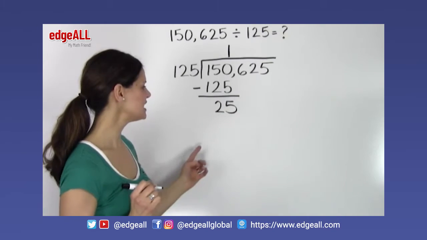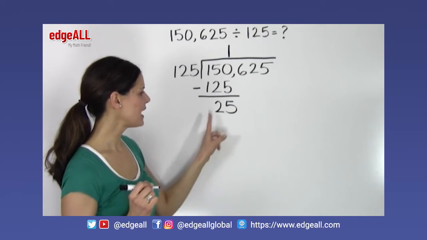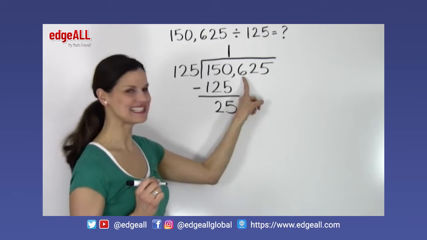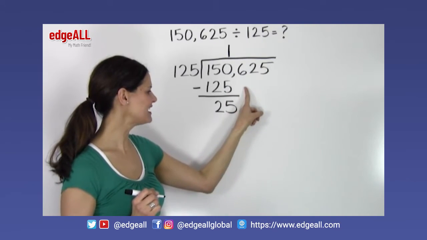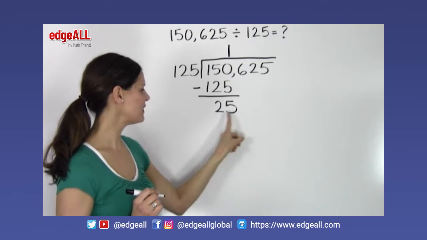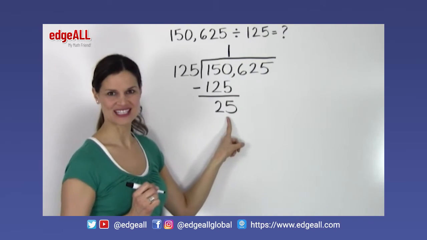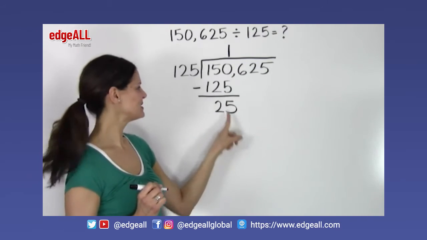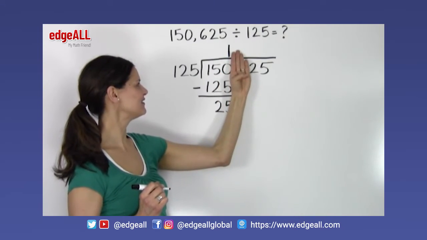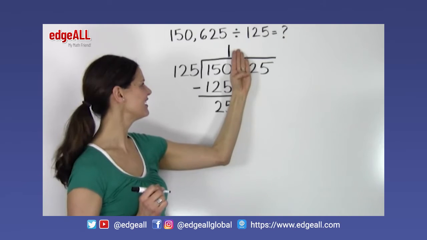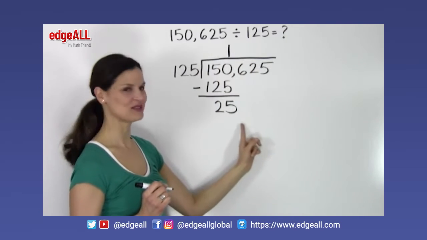Now you continue, as you already know, by moving to the next digit in your dividend and pulling that number down to join the remainder from your first calculation. So the remainder from our first calculation of 150 divided by 125 equals 1 with a remainder of 25.